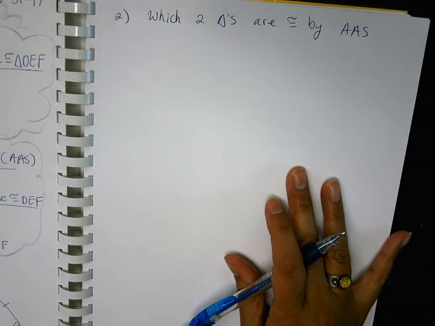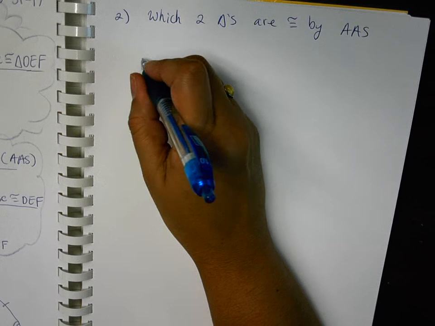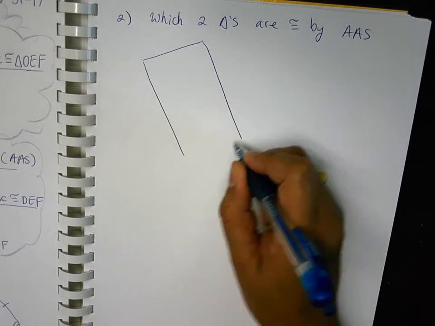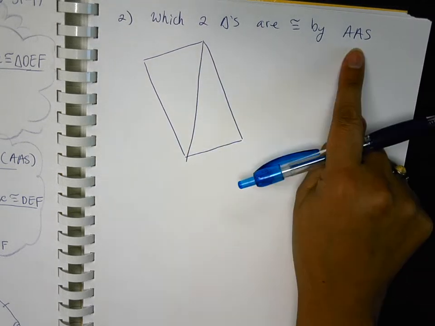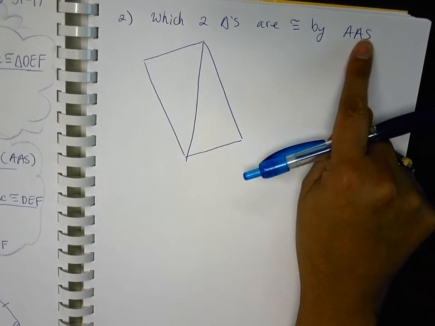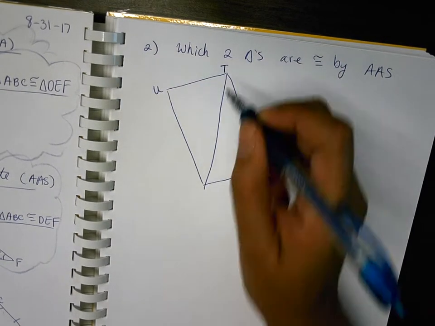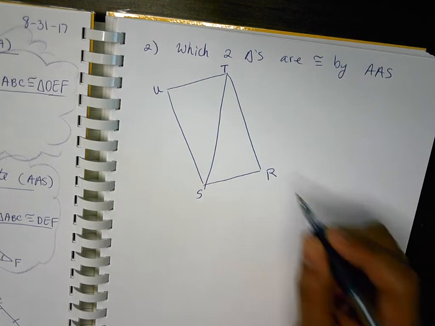Does the order matter? Yes. On this one, is the side included or not included? Not included. Do you see that? The side is not included because it's not sandwiched between the two A's. Okay, U, T, S, R.